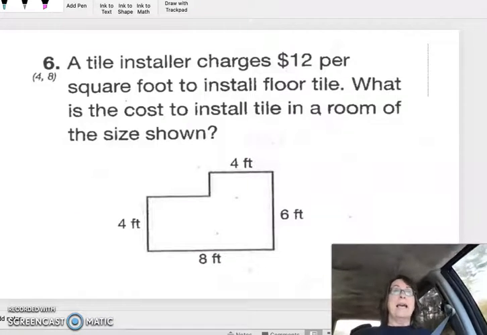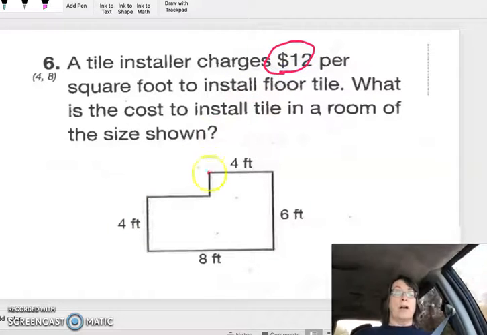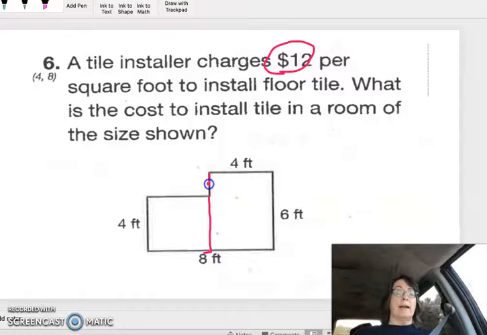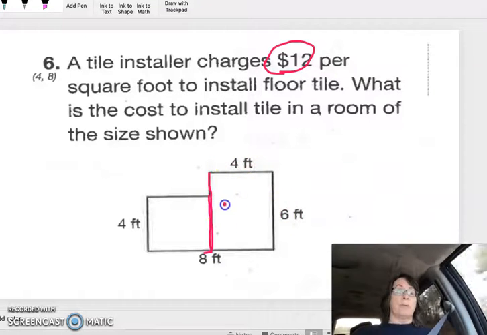Number 6, a tile installer charges $12 per square foot to install floor tile. So we have an irregular room, so we need to figure out how much is the area of the room. Well, when I split this in half, just coming straight down from this little jog in the wall, then this becomes 4 times 6, or 24 square feet.